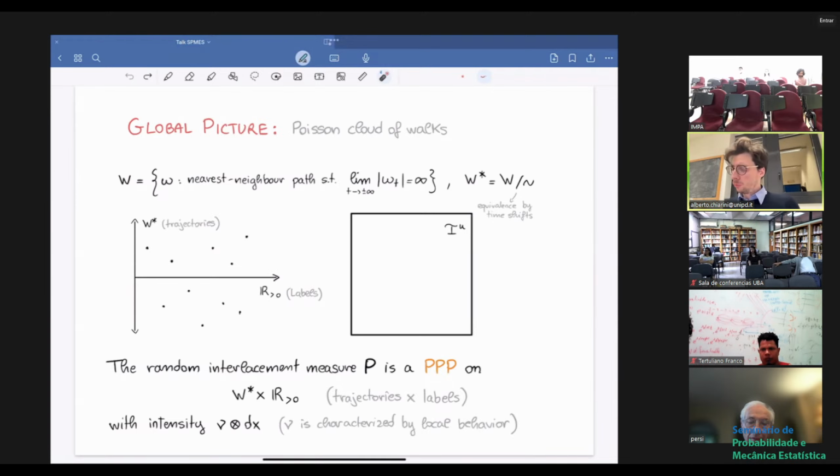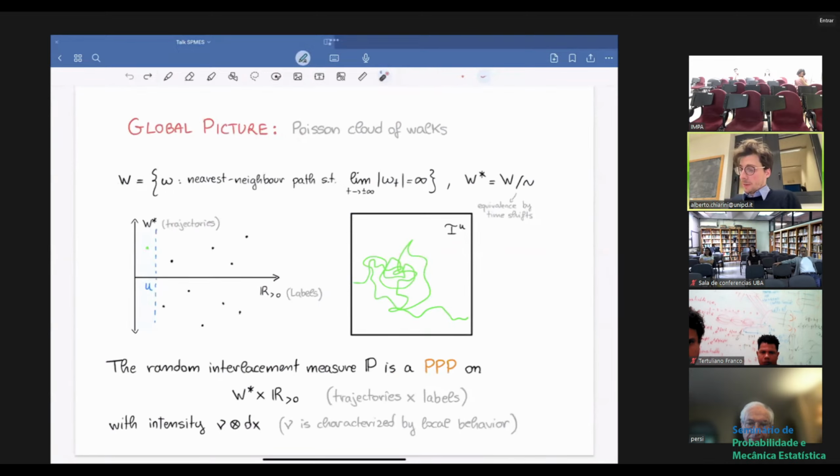I'm not going into detail into that, but one can define the random interlacements measure as a Poisson point process of trajectories with labels, and the labels are there to couple all interlacement sets with varying intensity. This is a Poisson point process with an intensity that is constructed in such a way that it is consistent with the local picture.